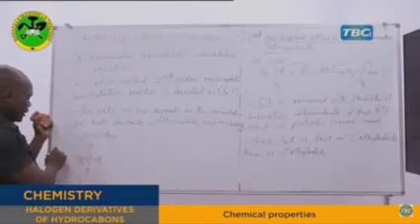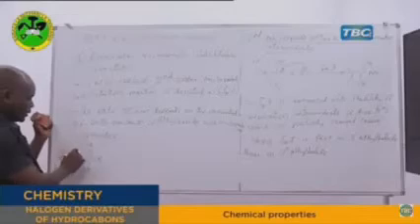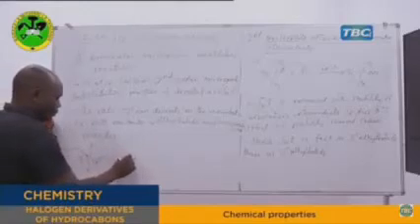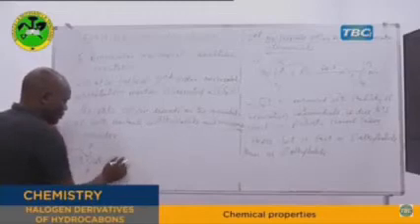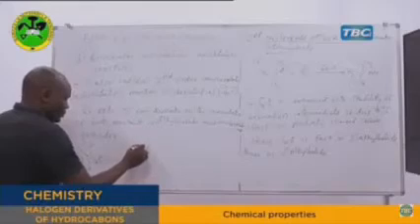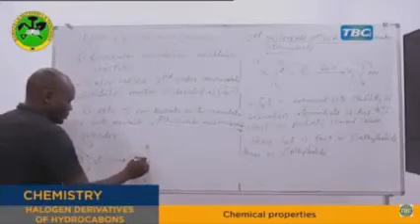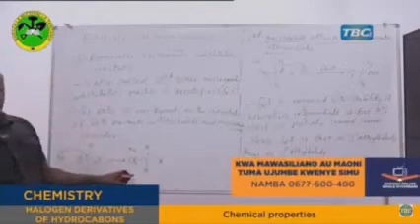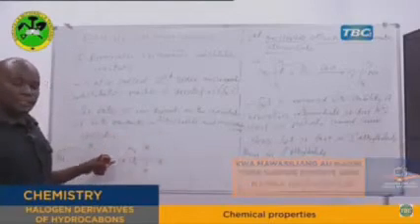So the nucleophile now will attack this carbon, resulting in the formation of this intermediate product, which is now called the transition state.